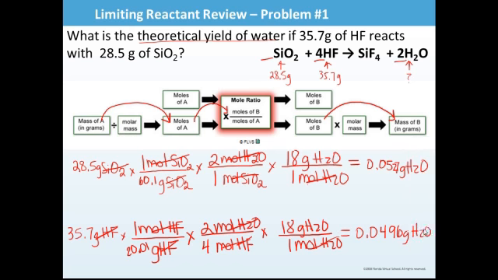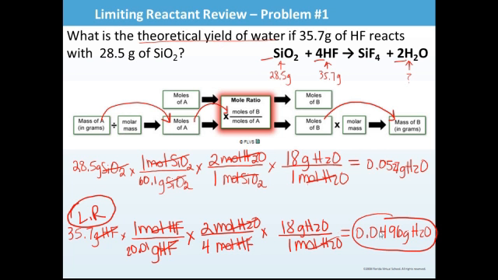of H2O. Now what we want to do is look at our products and see which reactant produced the least amount of product. This is the least amount of product. Therefore, my hydrofluoric acid is my limiting reactant. So if this problem asked me what is my limiting reactant, I would say hydrofluoric acid, HF. The problem asked, though, what is the theoretical yield?